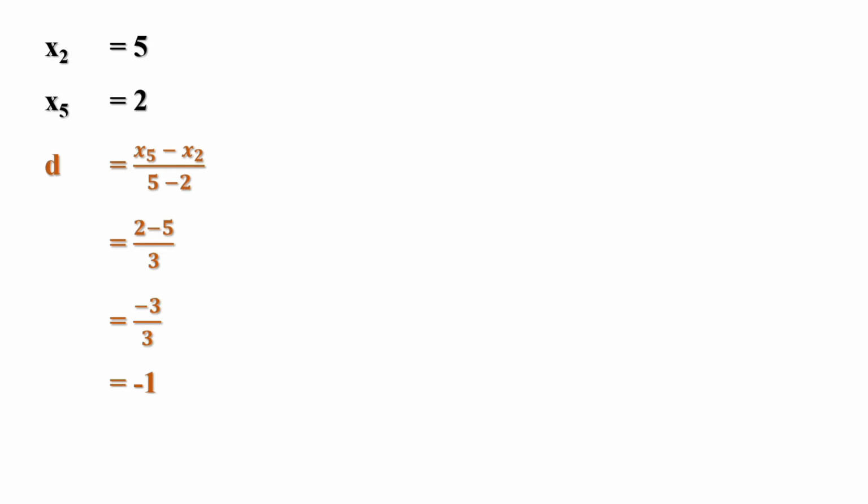That is 5 minus minus 1, which means 5 plus 1. So 6 is the first term and common difference is minus 1. So 5 is the second term. Again subtract 1, 4 is the third term. Again add minus 1 or subtract 1. 3 is the fourth term and 2 is the fifth term.